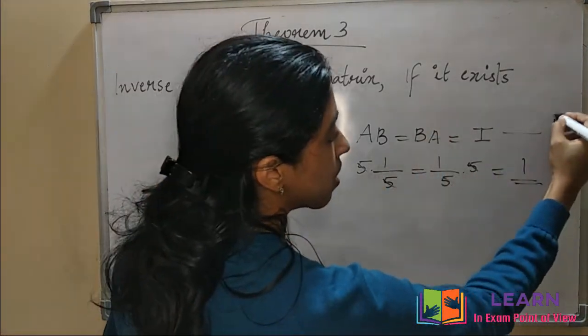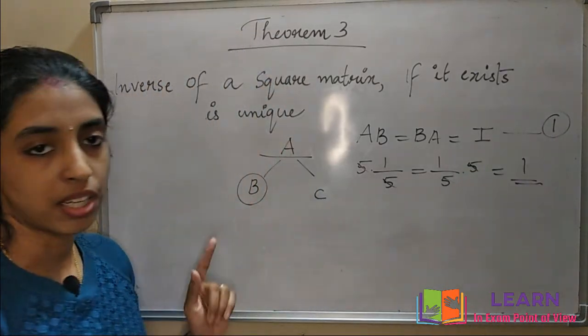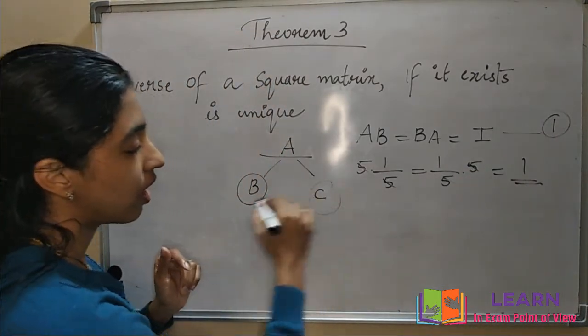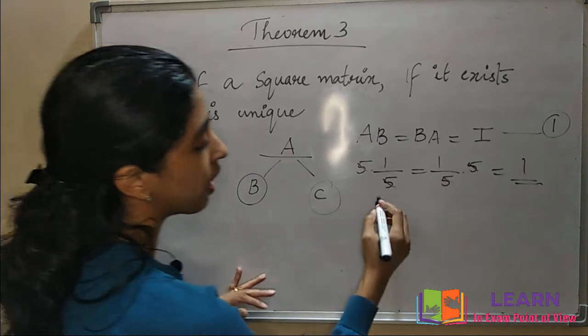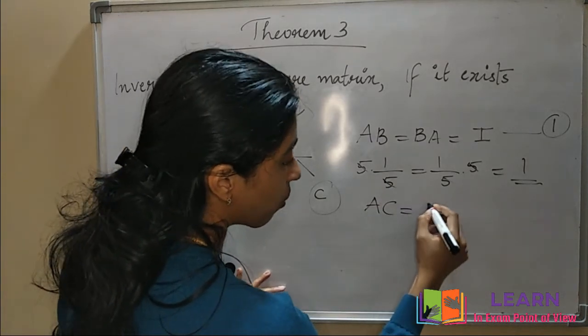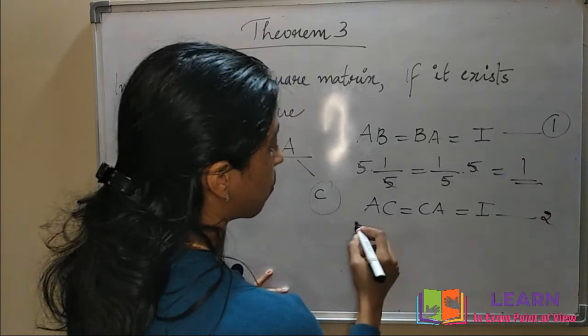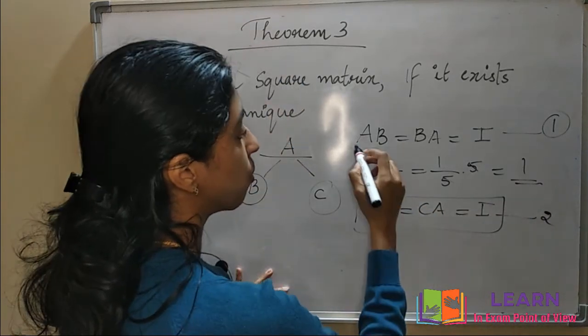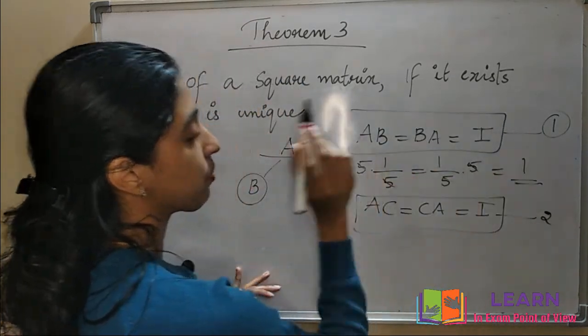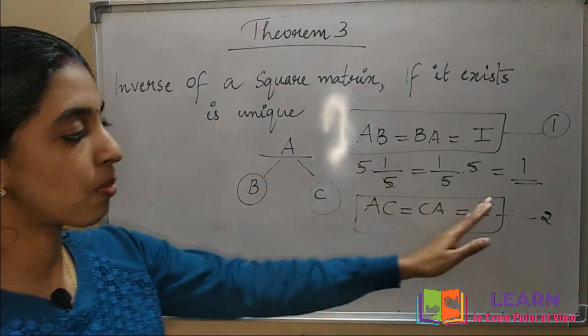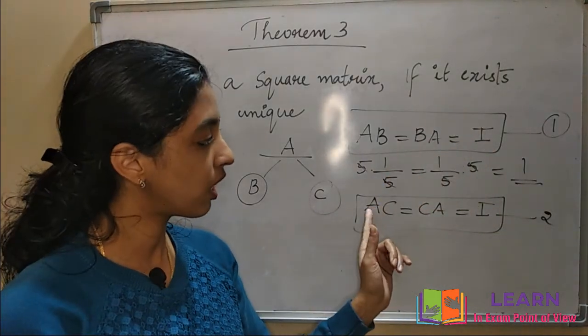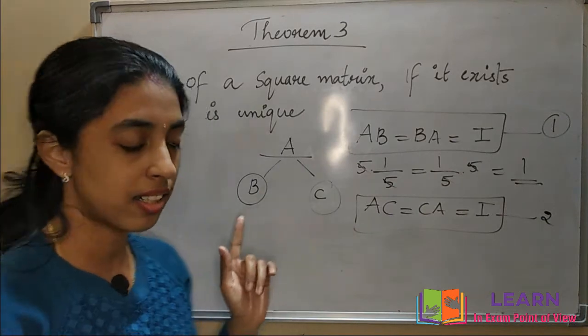So this is I in the case of B. What in the case of C? If C is the inverse of A, how can we write? AC equal to CA equal to I. Second one, the two relations. From the two relations, both are I, so we can equate AC and BA, correct?